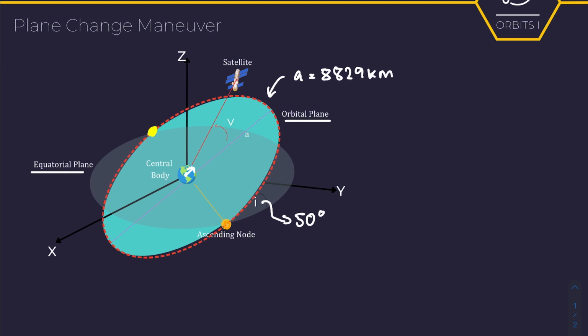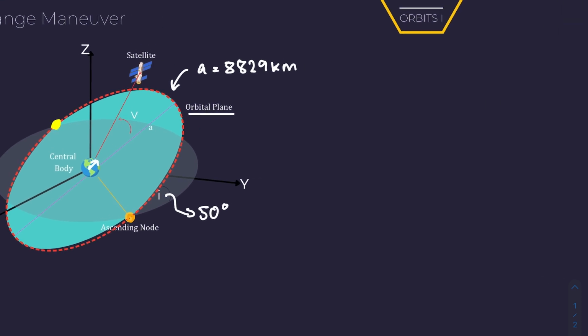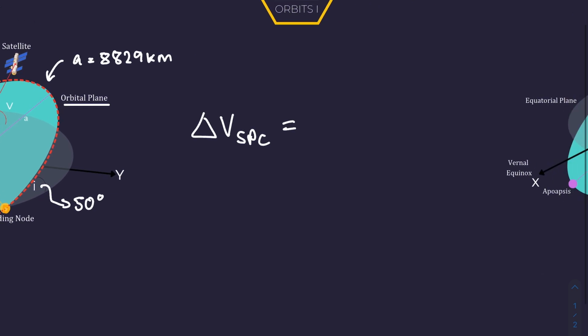We first have to calculate the total delta V required for the plane change, and this is done with this equation. Delta V for a simple plane change is equal to 2 times the circular velocity times the sine of theta over 2, where theta is the degree of plane change we are carrying out.